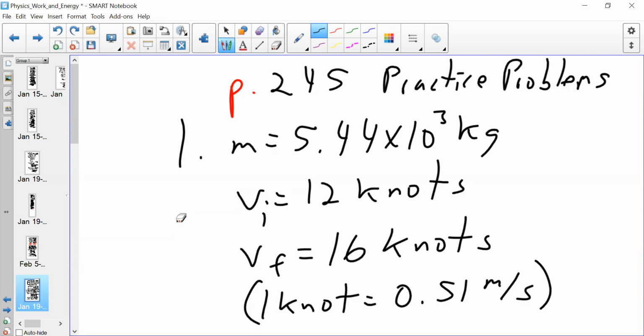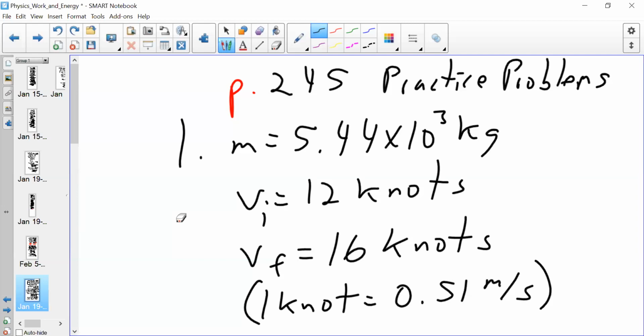All right, great. So in this problem, we have a catamaran with a mass of 5.44 times 10 to the third kilograms moving at 12 knots. How much work is required to increase the speed to 16 knots? 1 knot is 0.51 meters per second.